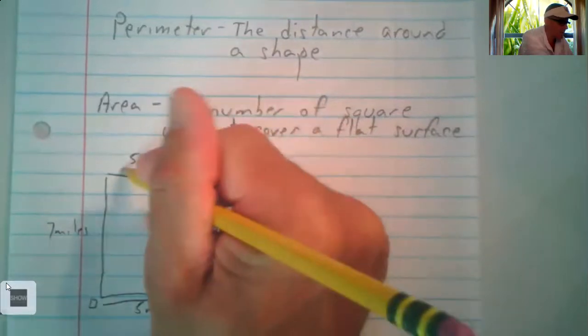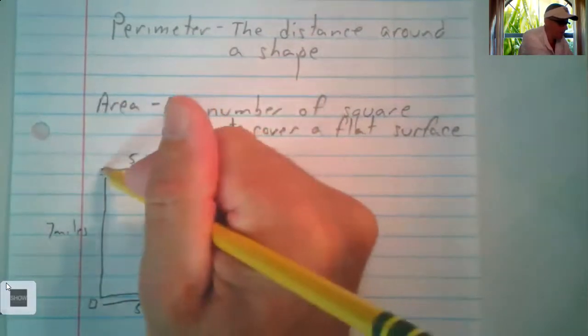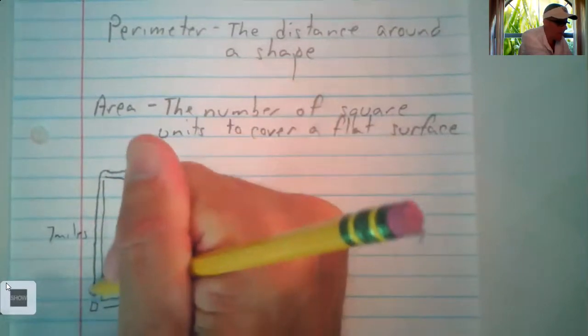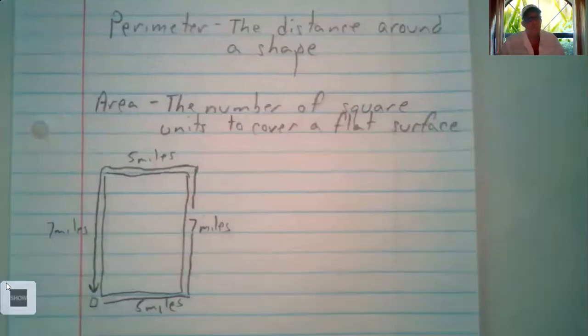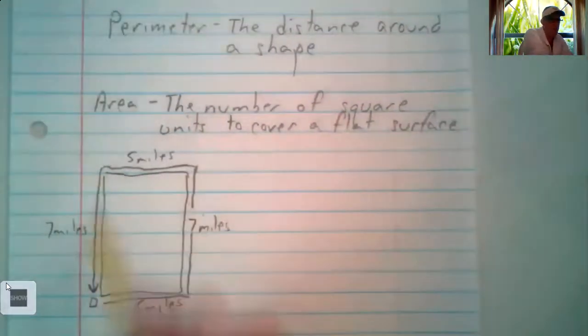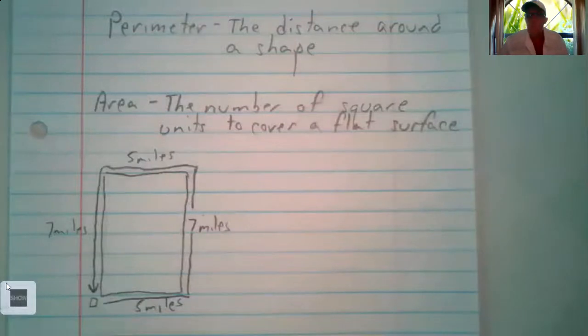Come over here. Wow, all these beautiful tigers. Then we come back down here, and we stop exactly where we started. So we started here, we came all the way around, and then we say, how many miles was that? How long of a drive was that? We are calculating perimeter.